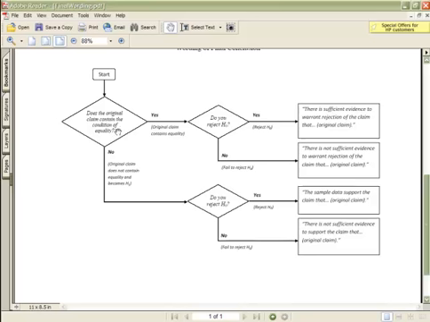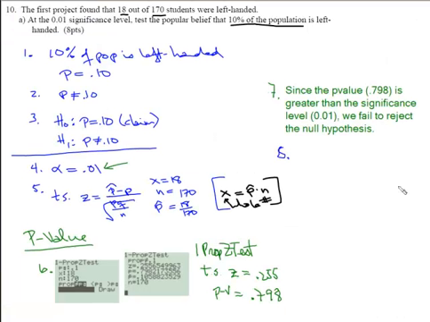In this particular case, we said 10% of the population is left-handed, so yes. We said p is equal to 0.10, that's our claim. Did we reject the null hypothesis? No, we failed to reject it, so there's not sufficient evidence to reject the claim. So this is our wording, and we want to use the original wording that they gave for the claim.